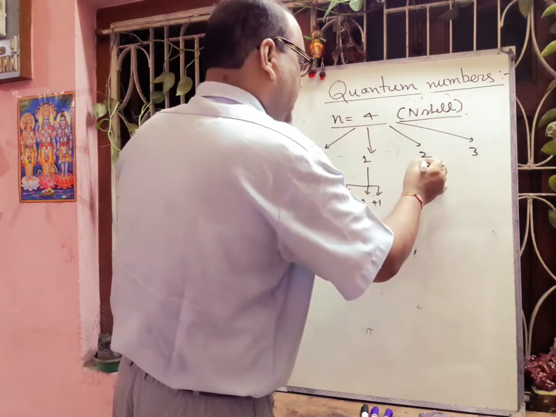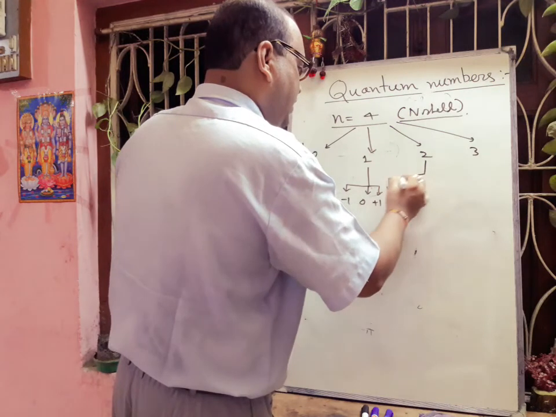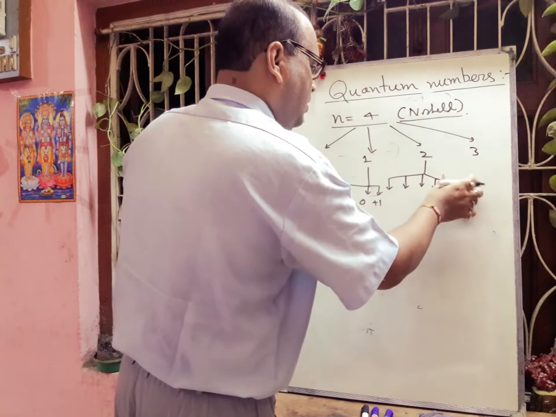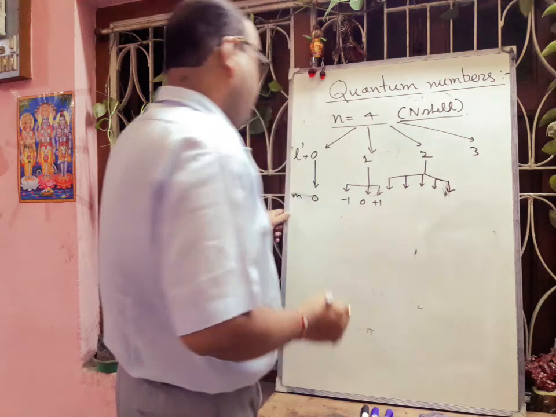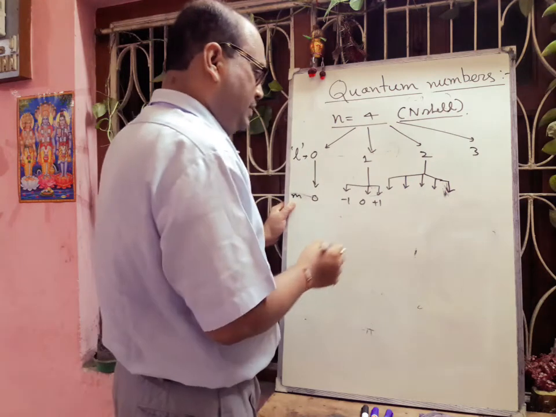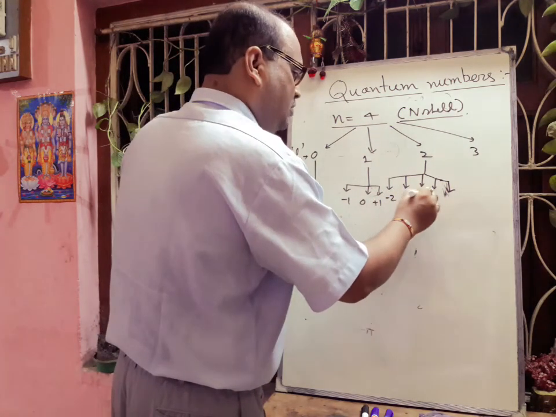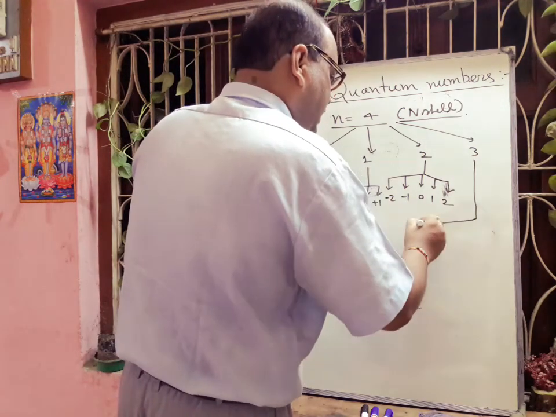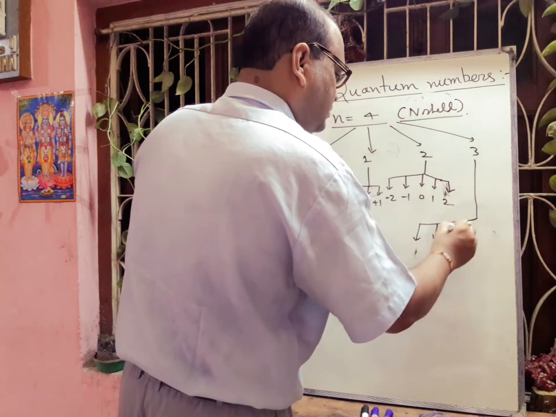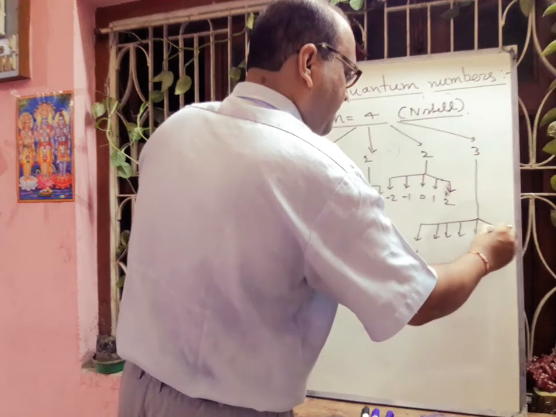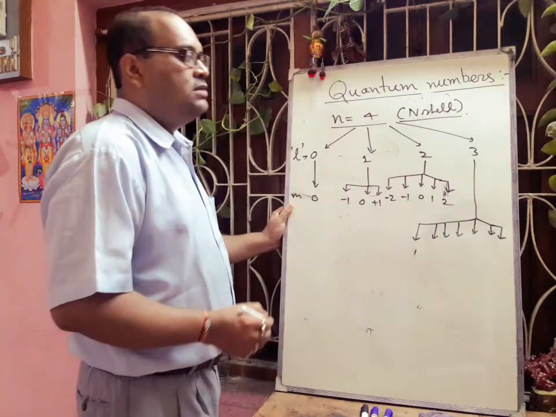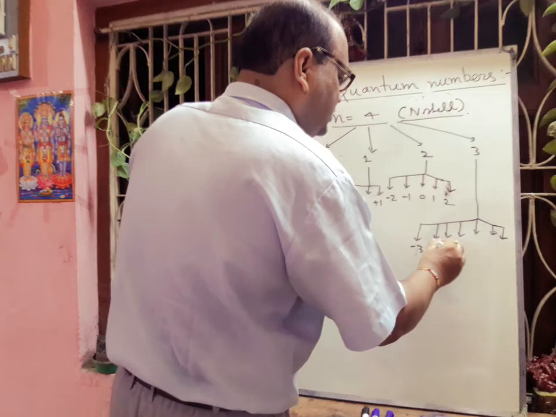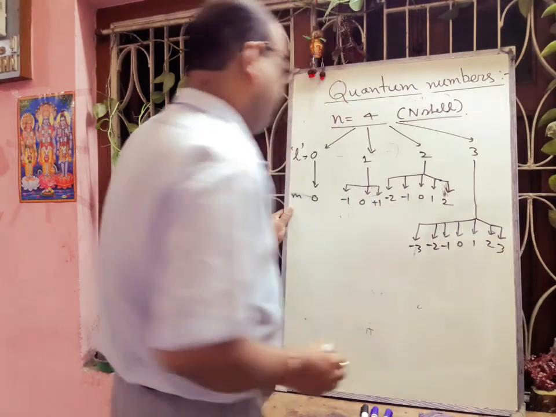For the L value of 2, there will be 5 magnetic quantum numbers: minus 2, minus 1, 0, 1, 2. And for 3, there will be 7 magnetic quantum numbers: minus 3, minus 2, minus 1, 0, 1, 2, 3.